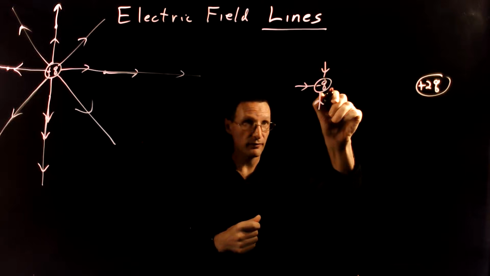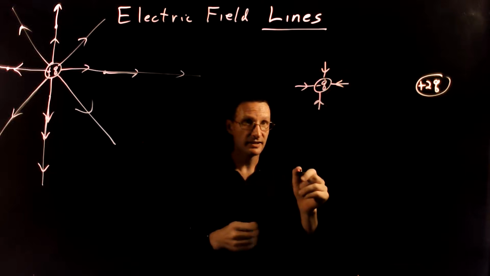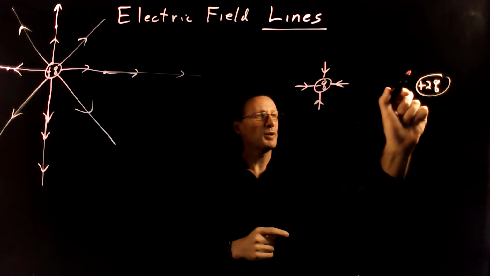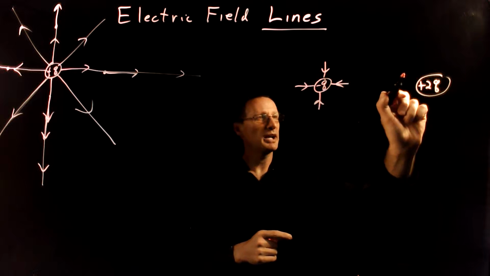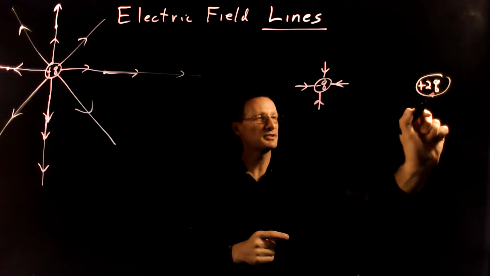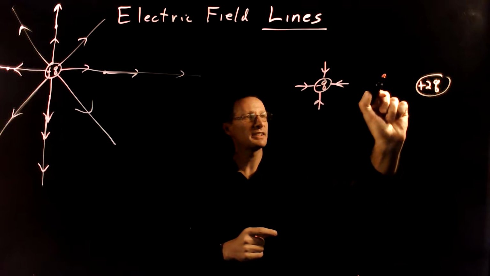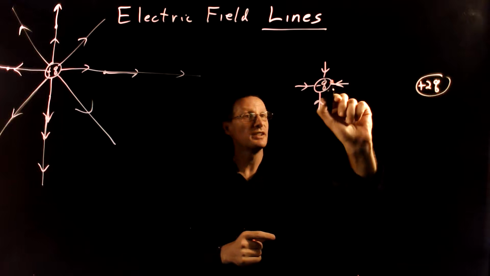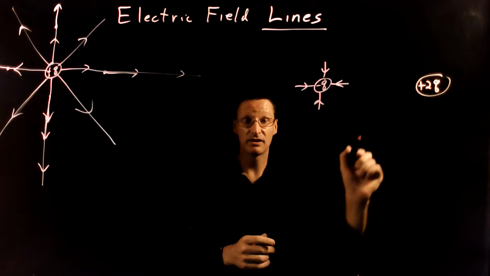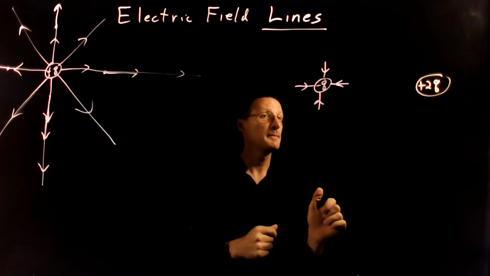Okay, so let me just draw 4 electric field lines coming in, and I don't want to extend those to infinity just yet. Now I want some way to represent the fact that when I'm close to this positive 2q charge, the electric field is bigger over here than it is over here, because this is a bigger charge, and the size of that charge should win, right?